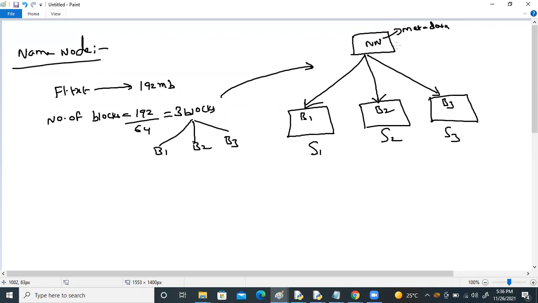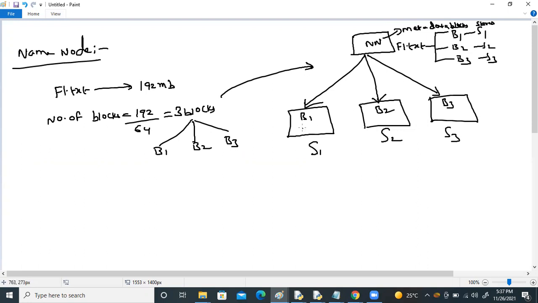This f1.txt is divided into 3 blocks, B1, B2 and B3, stored in slave 1, S2 and S3. Here we have the blocks information and the slaves information.